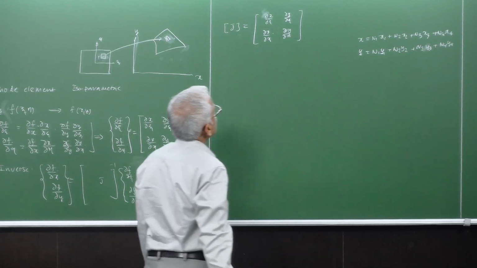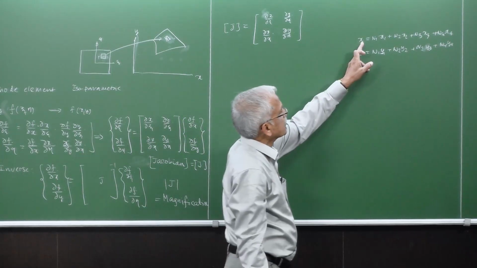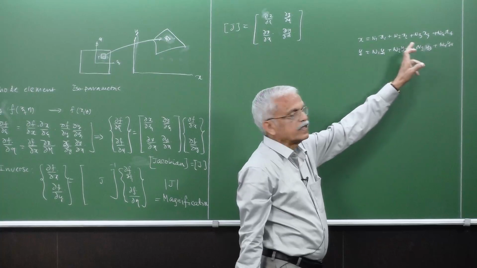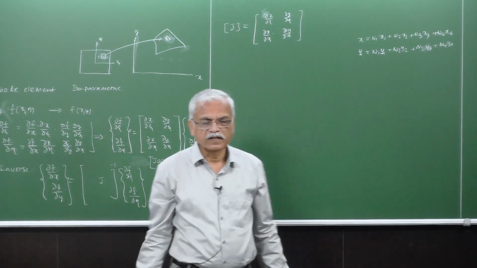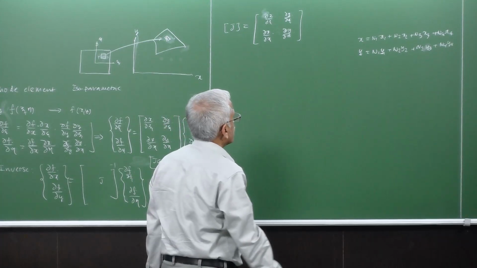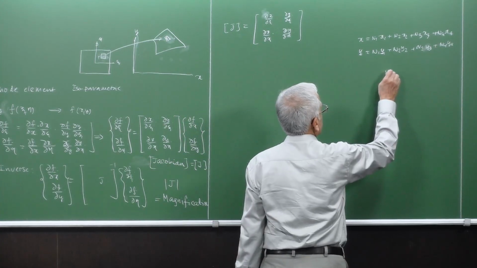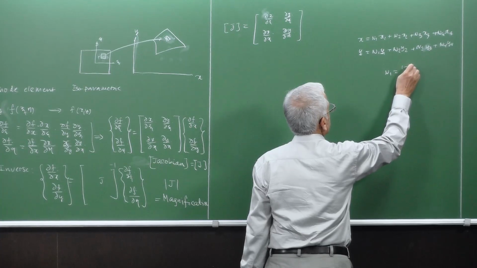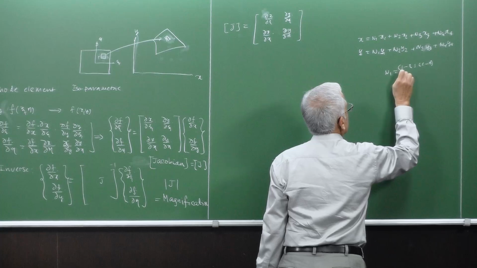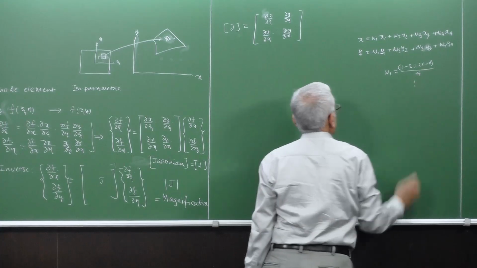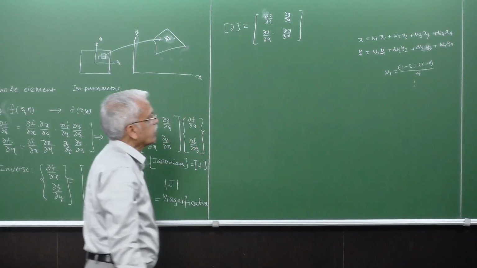So this is x written in terms of xi eta, because N1, N2, N3, N4 are in terms of xi eta, right? Just recall N1, for example, is 1 minus xi, 1 minus eta. Okay, so this is for the 4-noded element.